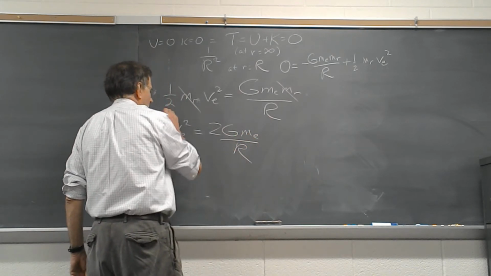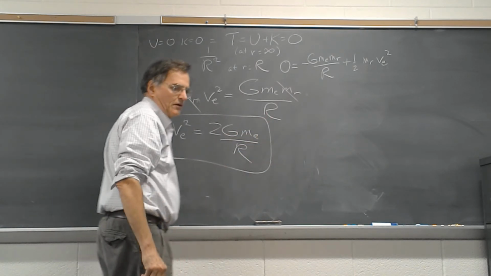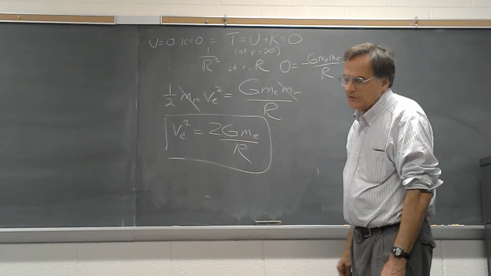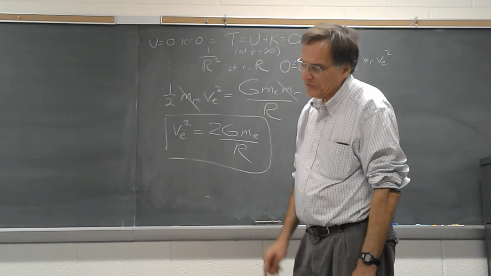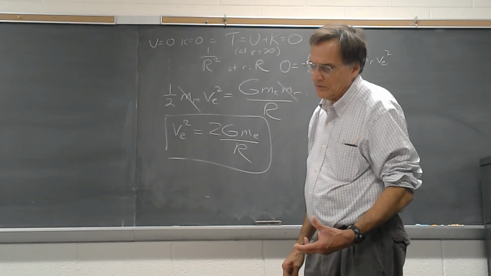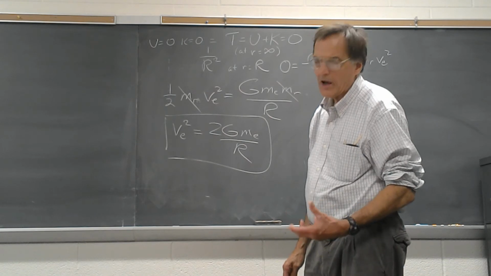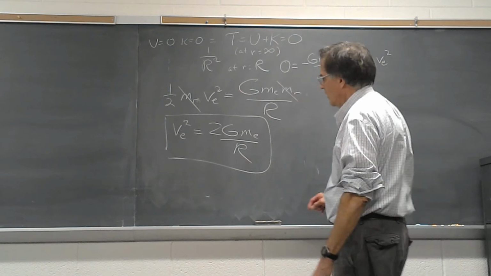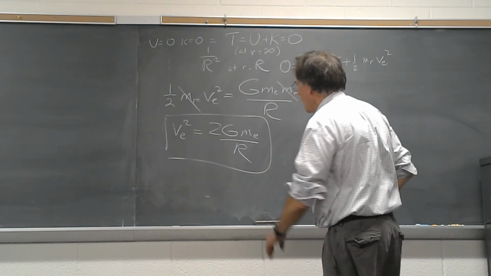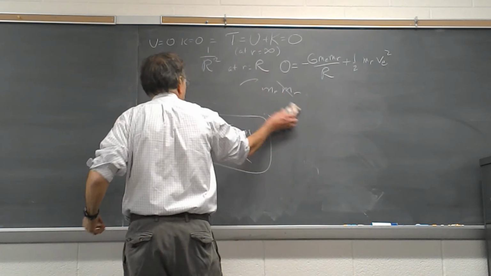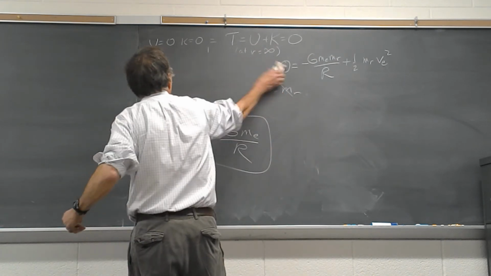Now, here's where a lazy physicist can really make some progress. The reason is, and I think you may have seen this one before, we can talk about the magnitude of the force of gravity at the surface of the Earth, and we can think of it two different ways. I'll write this down because I'll need this result in a second.